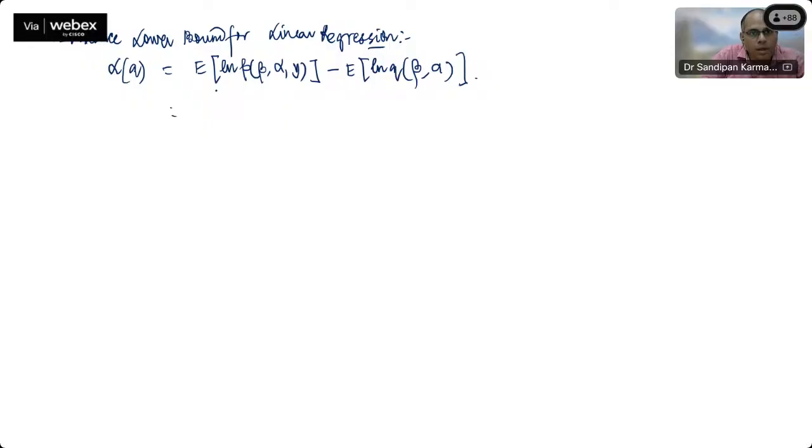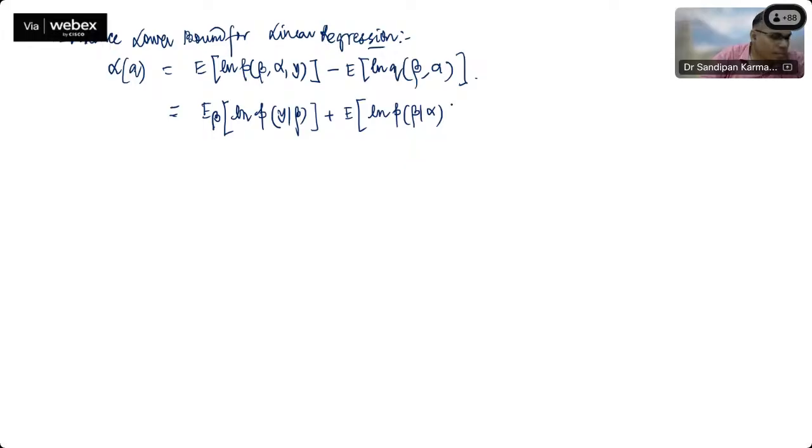So if I break this, the first one will be E of beta ln P y given beta, plus E of the next one, ln P beta given alpha, right?